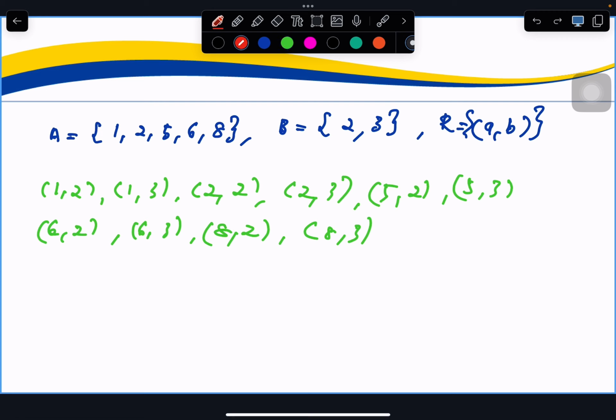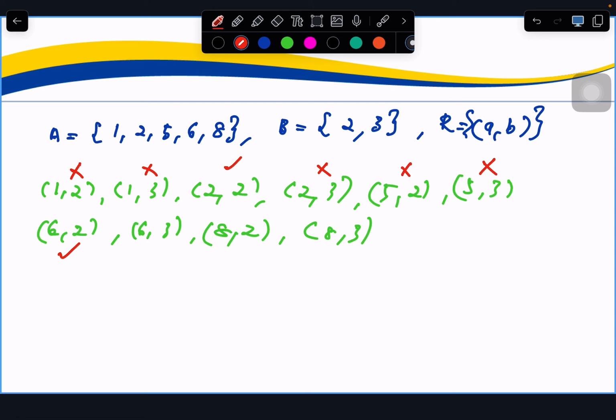Because there is a remainder, no round number. Okay. 1, 3? No. 2, 2? Yes. 2, 3? 5, 2? 5, 3? 6, 2? 6, 3?